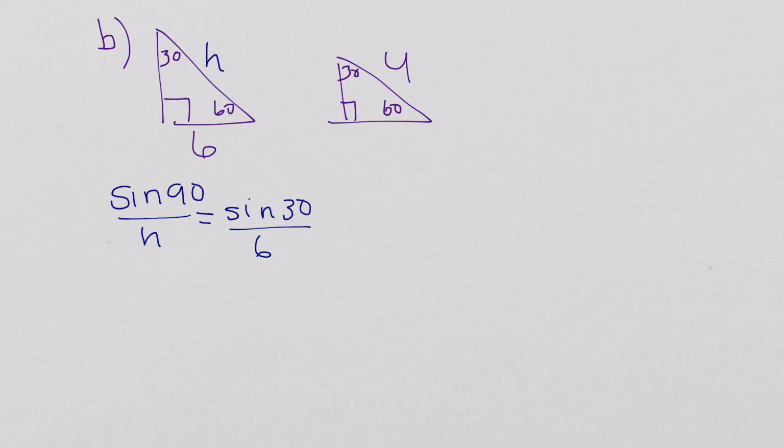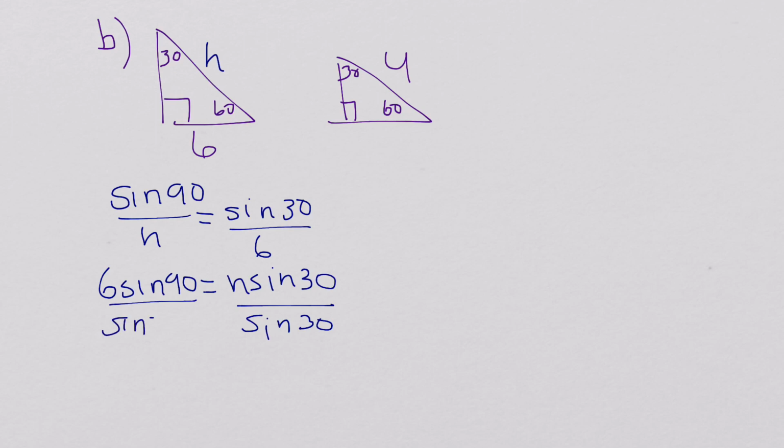Then I'll cross multiply and I get 6 sine 90 equals h sine 30. Divide both sides by sine 30. And ultimately I should get that h equals 12. So now I know that this h equals 12.